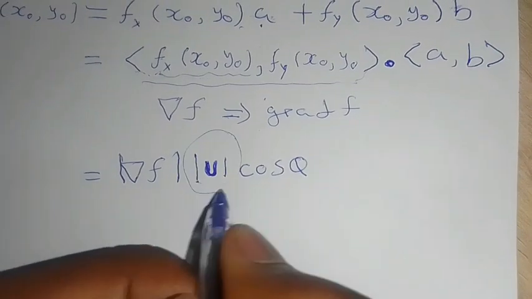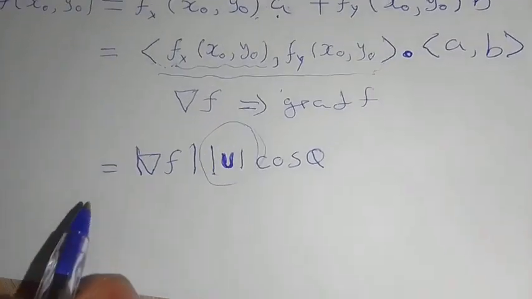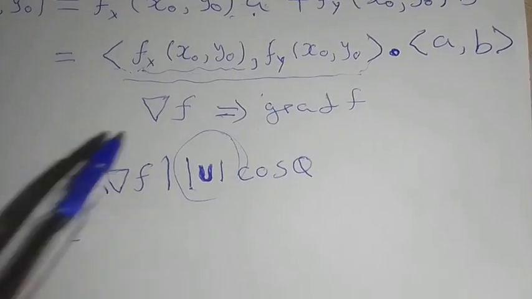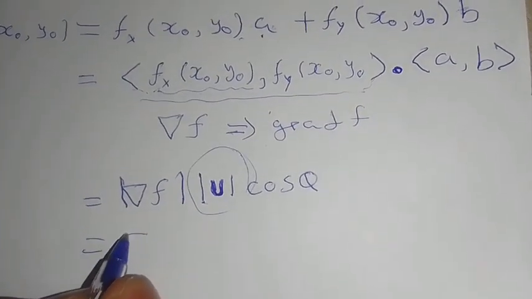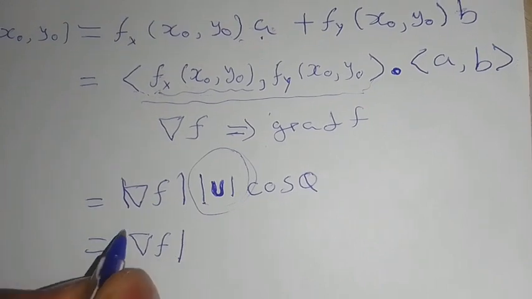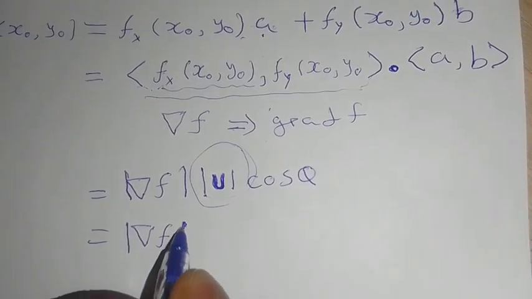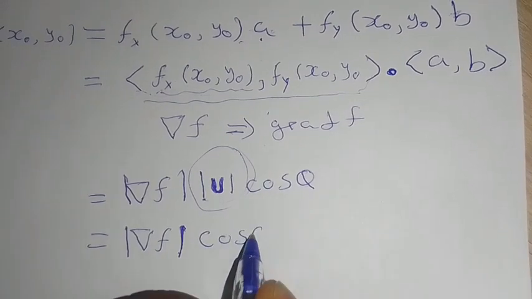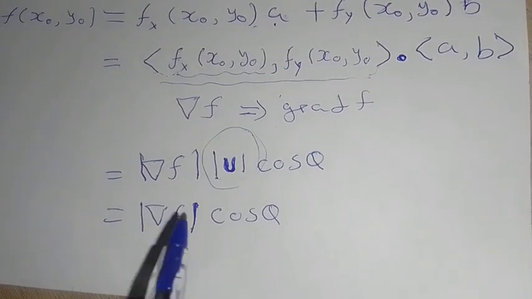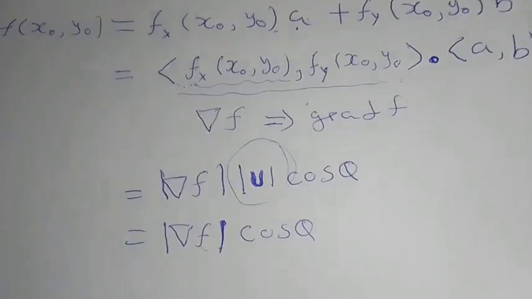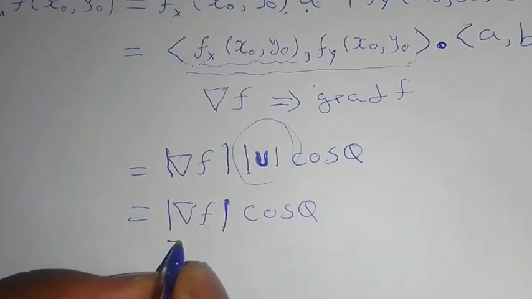What's the magnitude of a unit vector? A unit vector is a vector of length 1 unit. So that means that we can therefore say that we have the magnitude of the gradient vector of f, multiplied by the cosine of the angle between the unit vector and the gradient vector. But this one we know it's fixed.